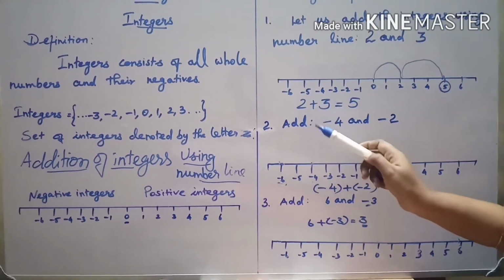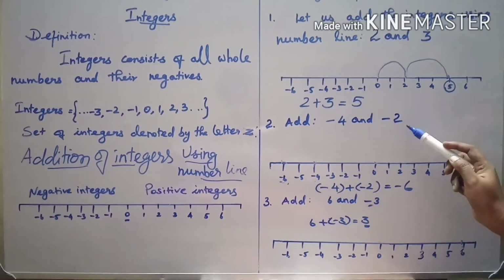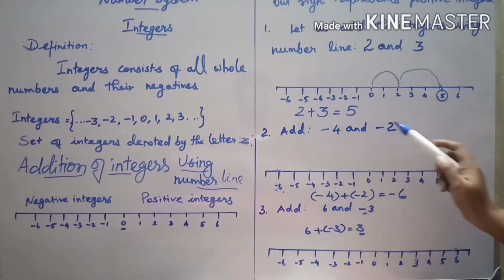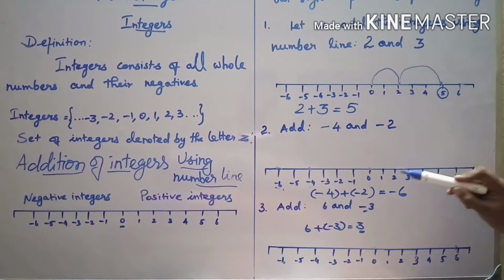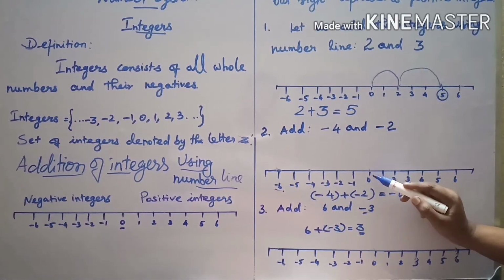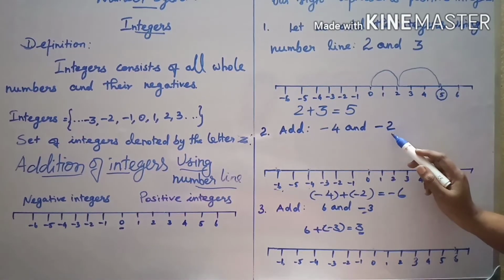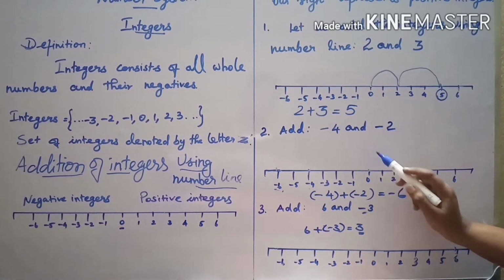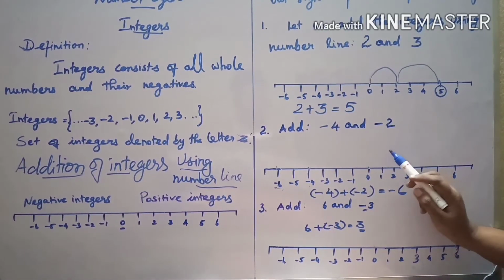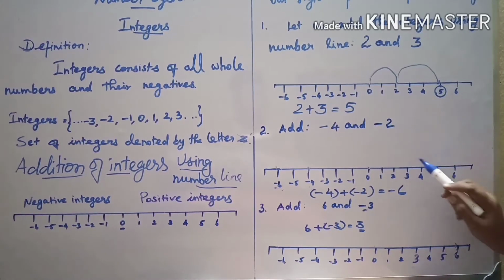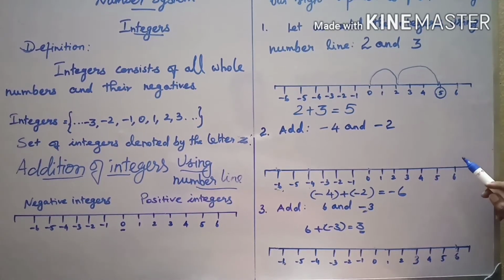Second question. Here I have two negative numbers. Add minus 4 and minus 2. On this number line, start from 0. From 0, both numbers are negative numbers. Positive numbers, we have to move forward direction.